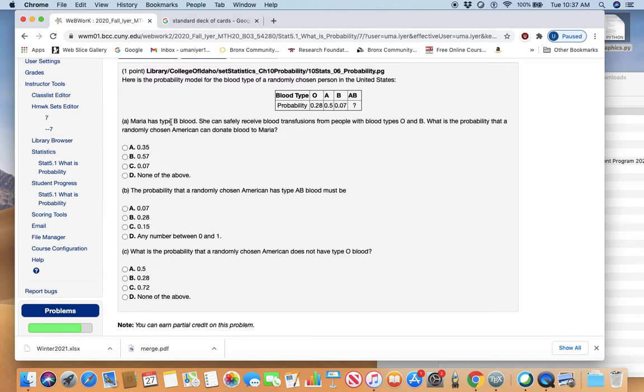So Maria can obtain blood from people with O blood type or B blood type. So you want to add these two probabilities. 0.28 plus 0.07. So think about it, right? You can add it using calculator, or notice 28%, 7%, 35%.